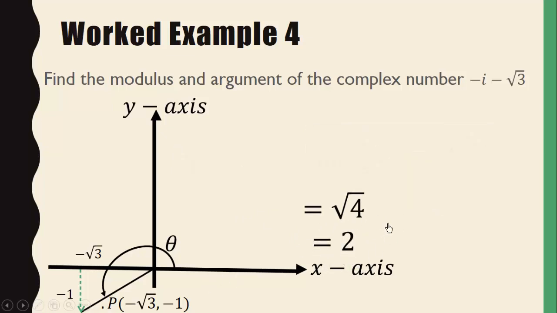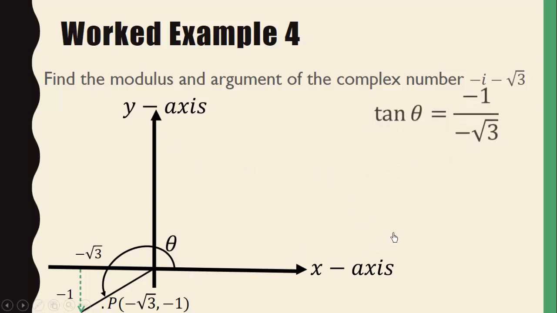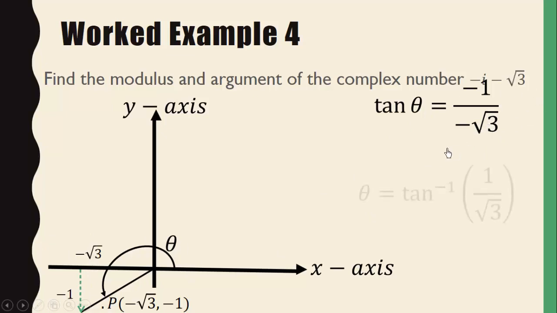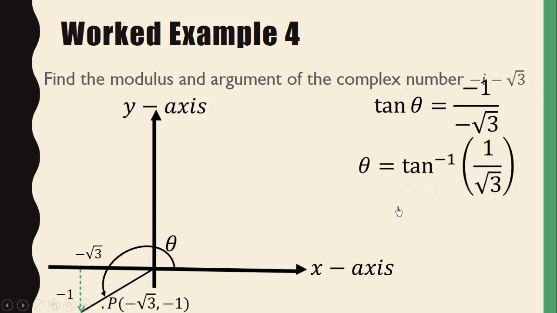Now we need to calculate the theta over here. So we know that tan theta is equal to y, which is negative 1, over x, which is negative root 3. Now we simplify this to get 1 over root 3. So the tan inverse of 1 over root 3 will give us pi on 6 or 7 pi on 6.